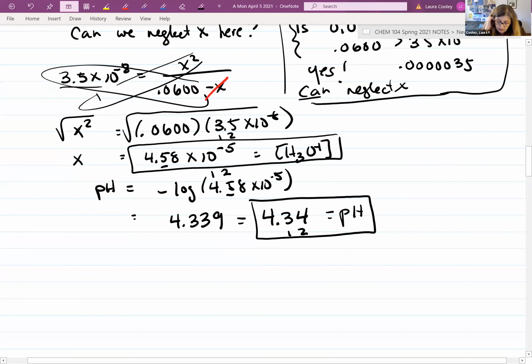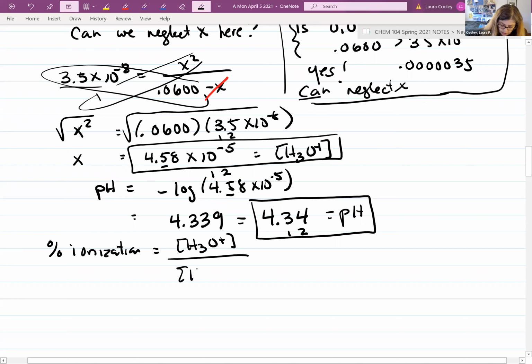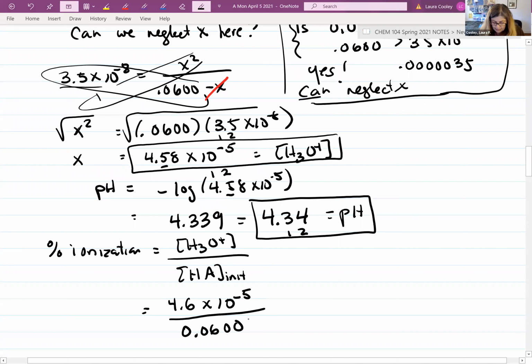And then I'd like to also calculate the percent ionization, which is the H3O plus concentration at equilibrium over the initial acid concentration. So that's, let's call it 4.6 times 10 to the negative fifth over 0.0600 times 100.